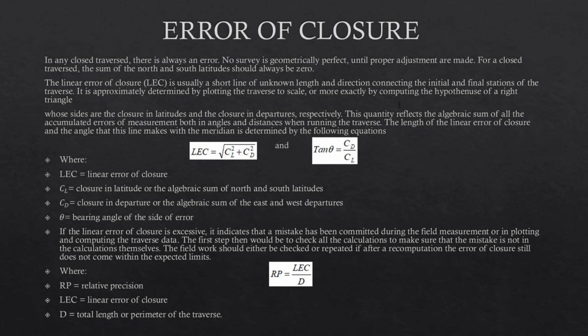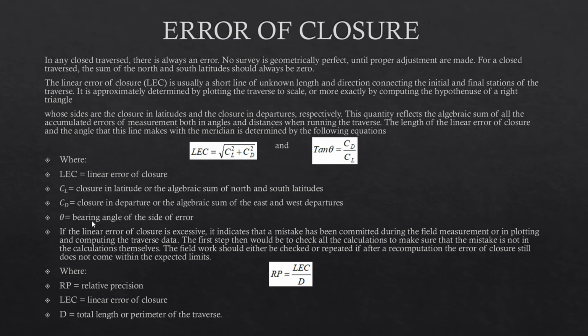Gagamit lang tayo ng, ito nga sabi, more exactly by computing the hypotenuse of the right triangle whose sides are the closure in latitudes and the closure in departure. So, parang yung sa vector natin, di ba, after natin makuha lahat ng horizontal and vertical components nung vector natin, yung summation nun is yung pagkuha nung correct vector natin.